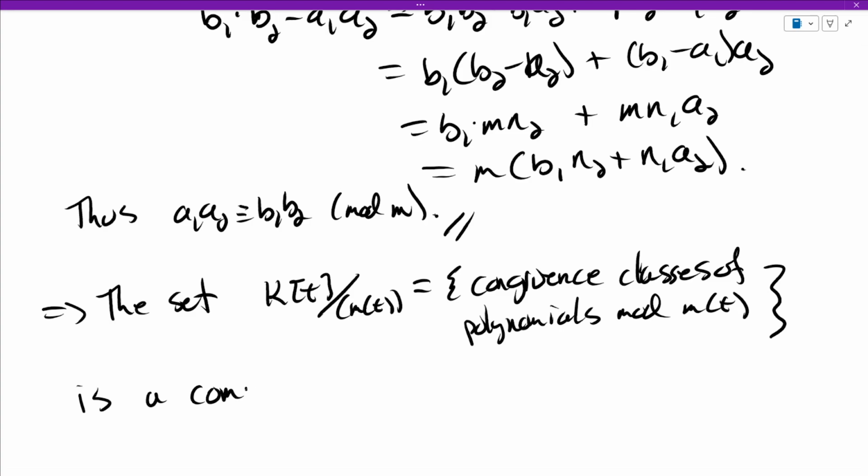It's a commutative ring. Commutative, again, like we discussed in class, refers to the multiplicative structure.